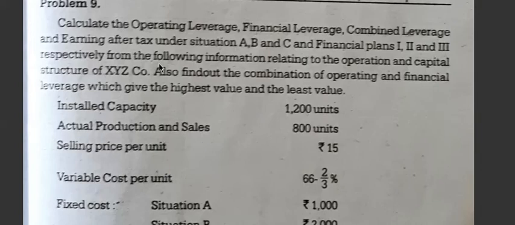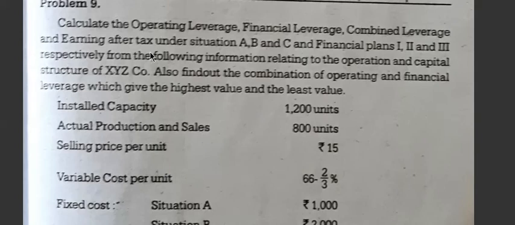Now what we have to do in this problem is calculate the three leverages: operating, financial and combined leverage, and EAT. How to calculate EAT? I have given the format in the beginning of this problem: sales minus variable cost is contribution, contribution minus fixed cost is EBIT, EBIT minus interest is EBT, EBT minus tax is EAT.